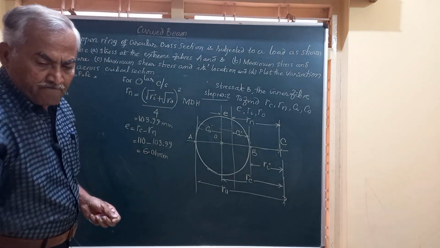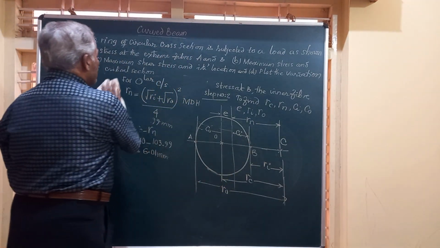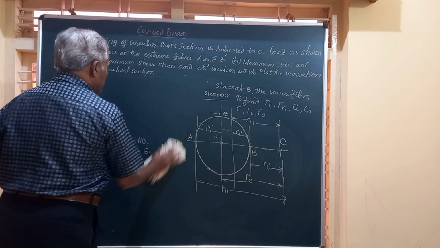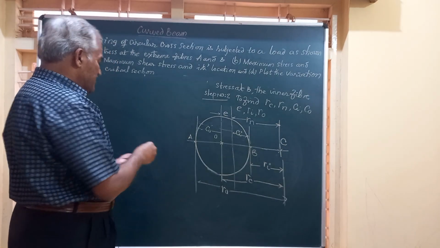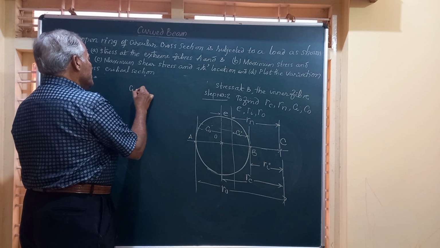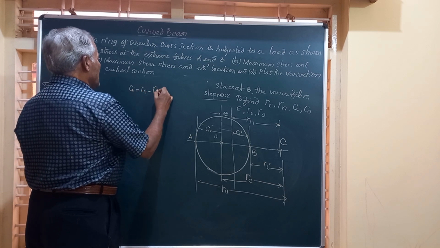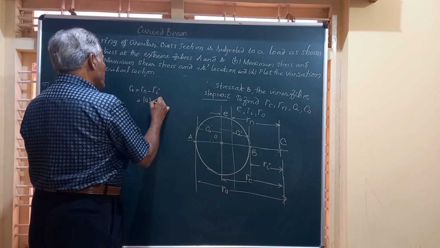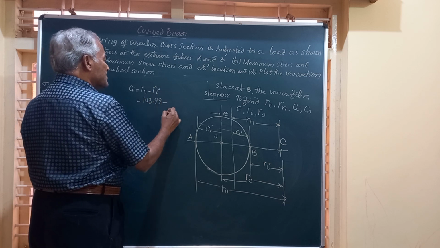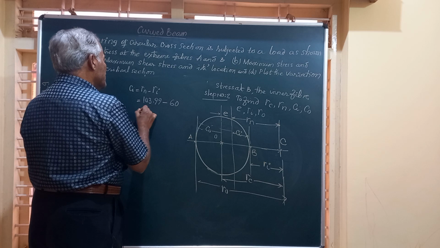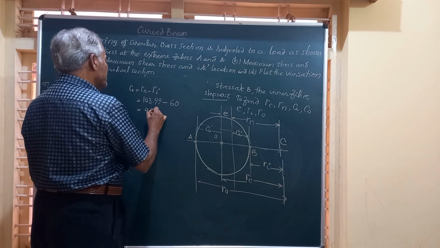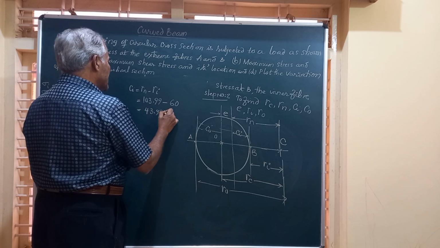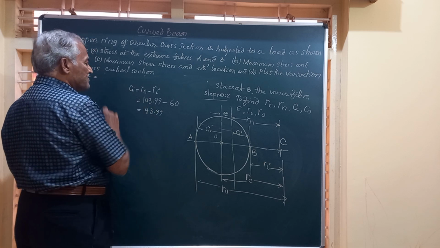So Ci is equal to Rn minus Ri, which is 103.99 minus 60. So 43.99 is the value of Ci.